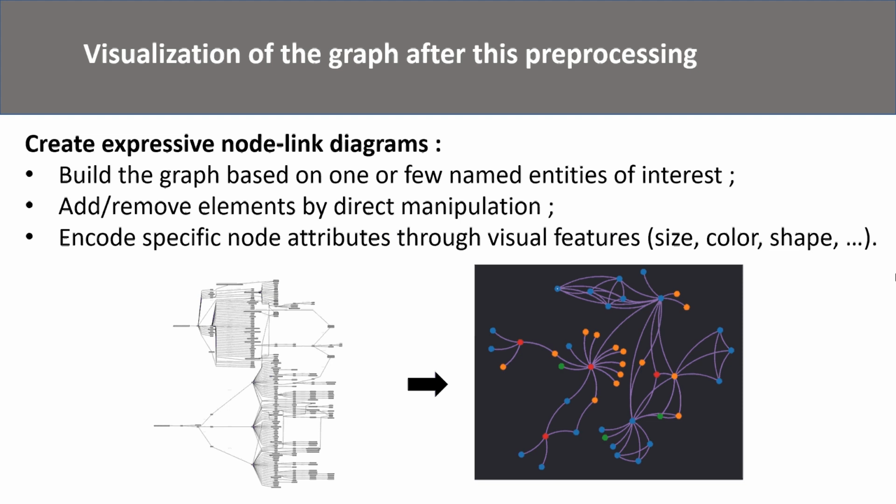For instance, considering only the neighborhood of specific entities, choosing to display one type of entity, show some attributes and not others. For example, some node attributes can be visually encoded using variables such as size, color, hue, saturation, shape, etc.